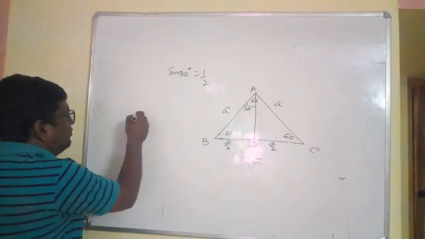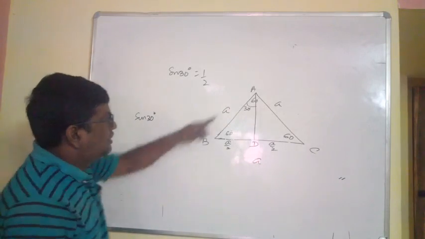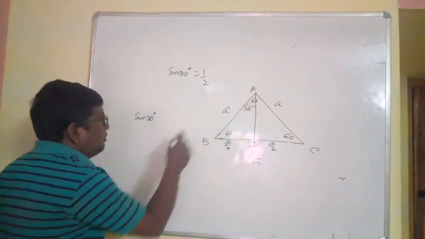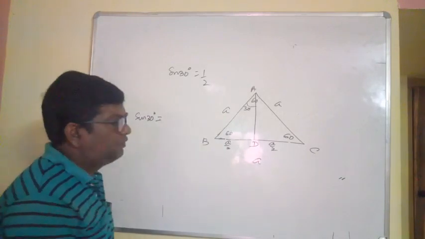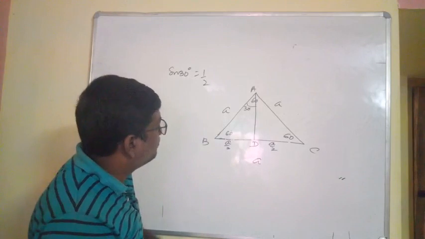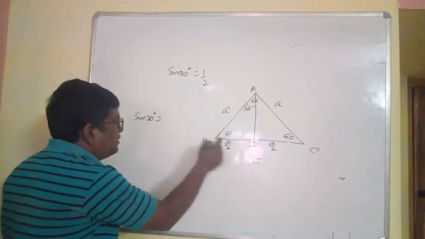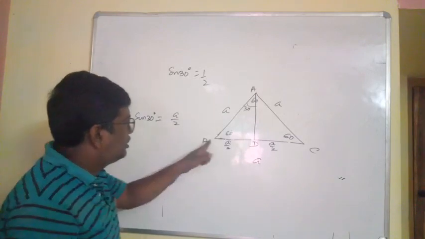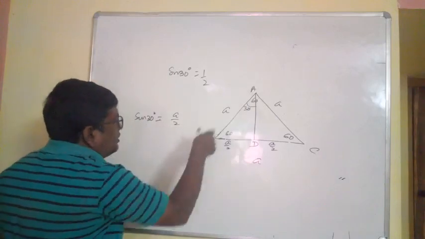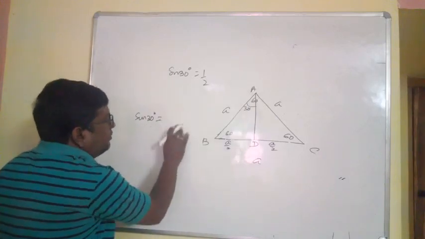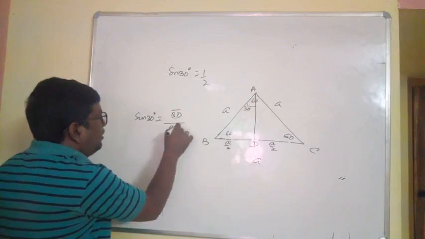So what is sine 30? Sine 30 is P by H, where P is the opposite side and H is the hypotenuse. The opposite side is BD, which is A by 2, and the hypotenuse is AB.